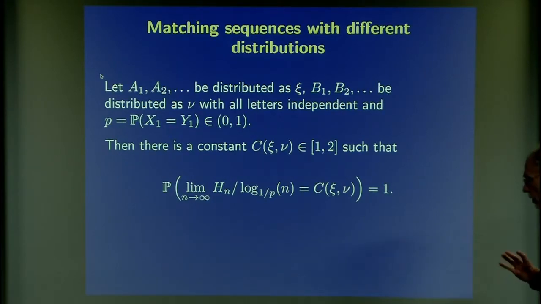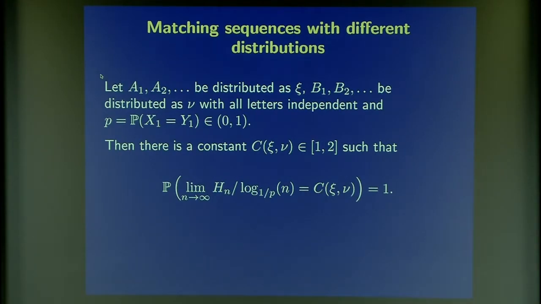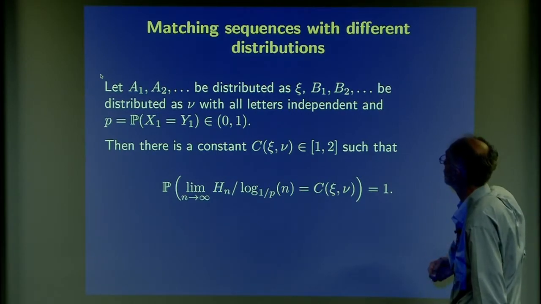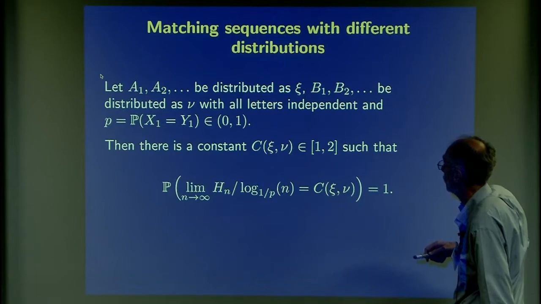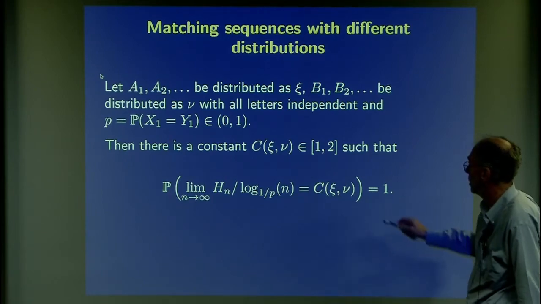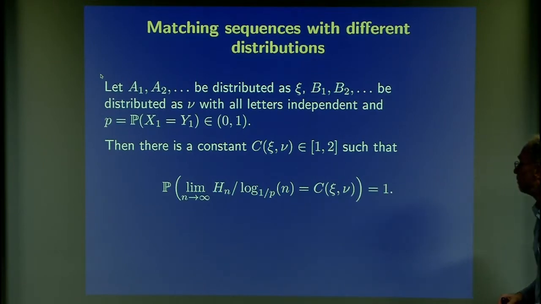Now, all biological sequences are not created equally, and this next material came from me asking Richard Arratia, what about two different distributions? How strong is this limit law? What resulted was a similar limit law, and of course the constant doesn't have to be 2 anymore, but it's between 1 and 2, depending on how far apart the distributions are. And that's what I expected.